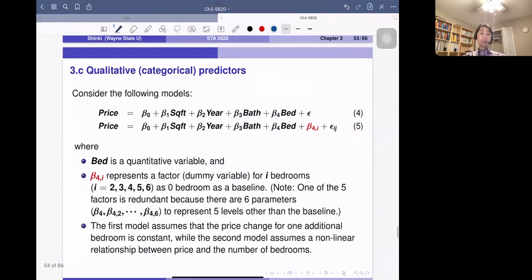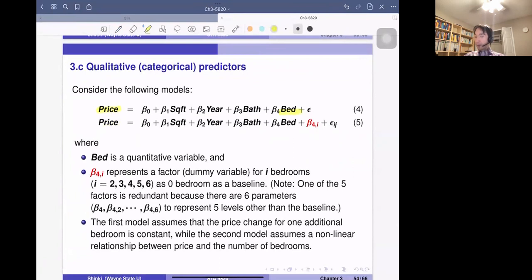Okay, so basically we consider 2 models. The first model is here. Basically the number of bedrooms has a linear impact on price. So beta 4 times the number of bedrooms gives the price. Suppose that we have 0 bedrooms, the baseline price is $200,000, and for 2 bedrooms, 240,000.